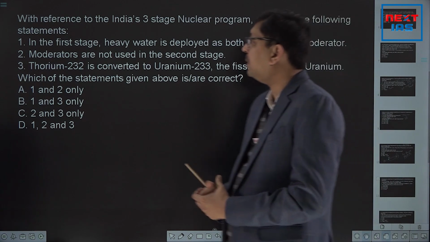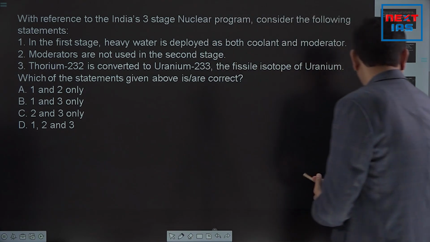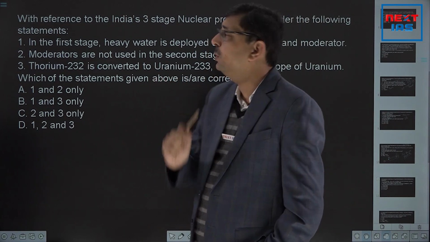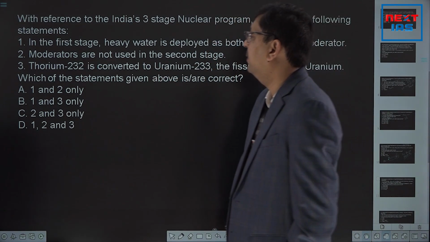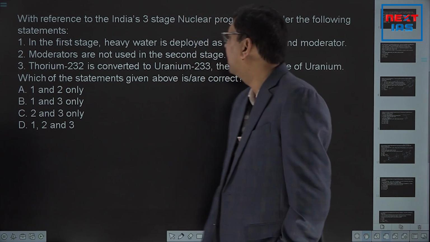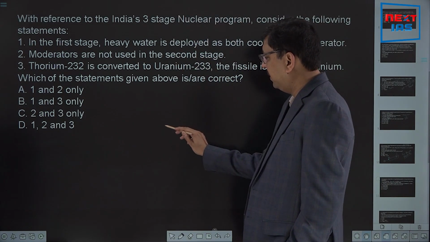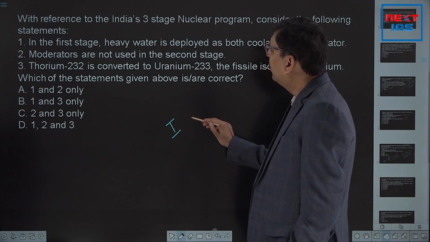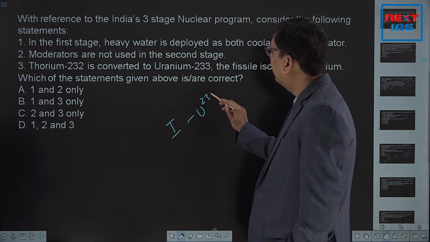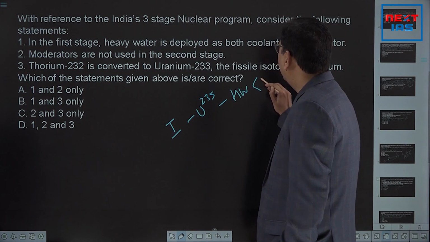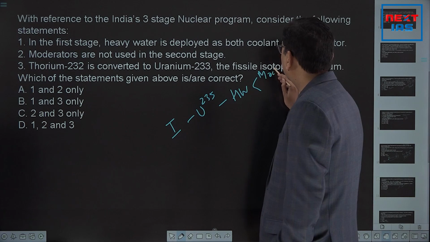Yes, one more question. With reference to India's 3-stage nuclear power program, consider the following statements. First stage uses uranium-235 as the fuel, heavy water as the moderator and coolant.